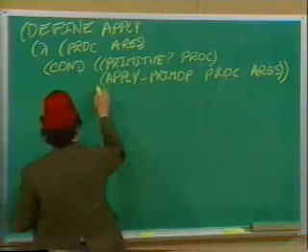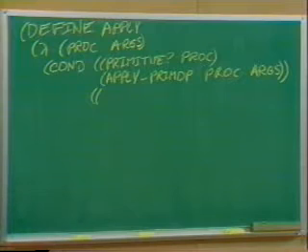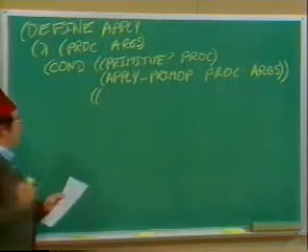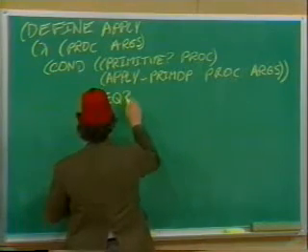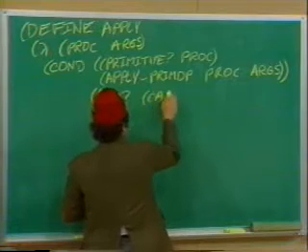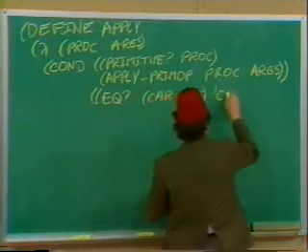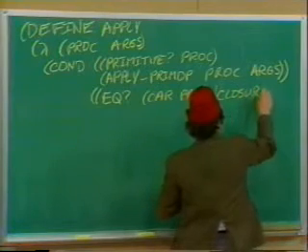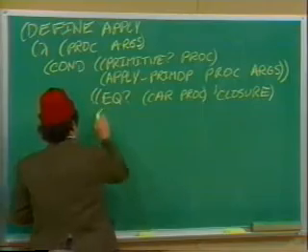Well, the other possibility is that this is a compound procedure made up by executing a lambda expression. Well, we'll check its type. If it's a closure, then I have to do an eval of the body.